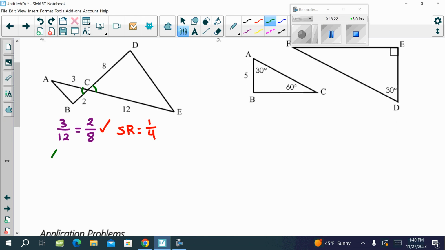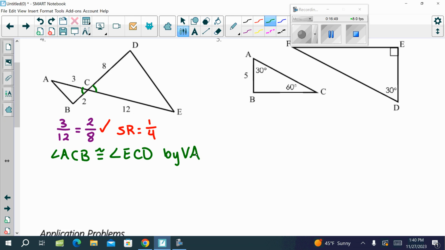Okay. So angle ACB is congruent to ECD by vertical angles. All right, did I prove that they are similar now?